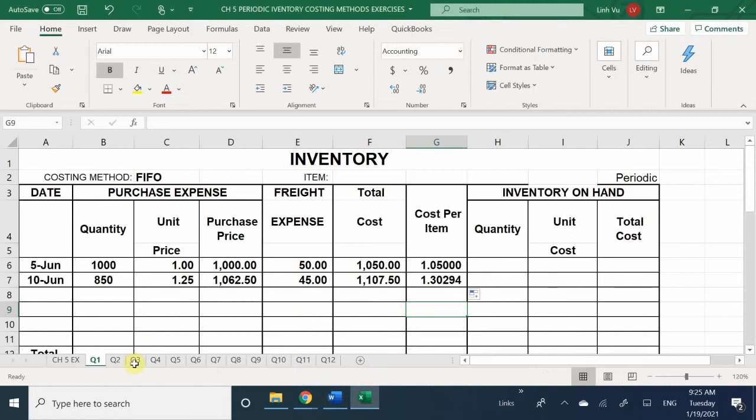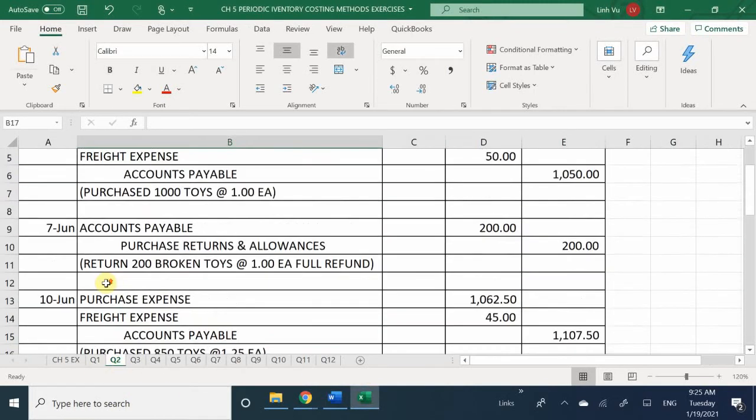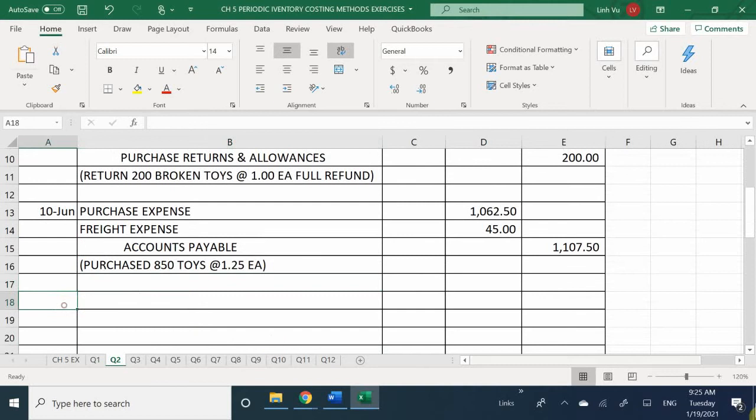So let's go ahead. Dan wants to go into the journal first. We're going to recognize, what account are we going to be recognizing? June 10. We are going to be utilizing the batch that we purchased on June 10th, but what accounts are we actually going to? Accounts payable.